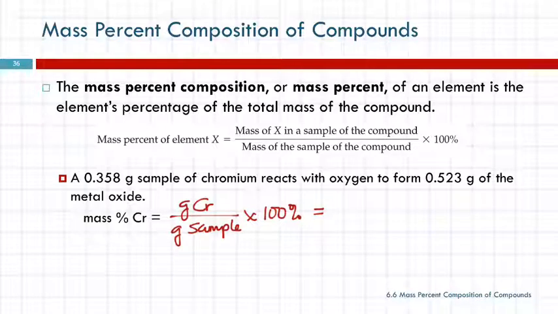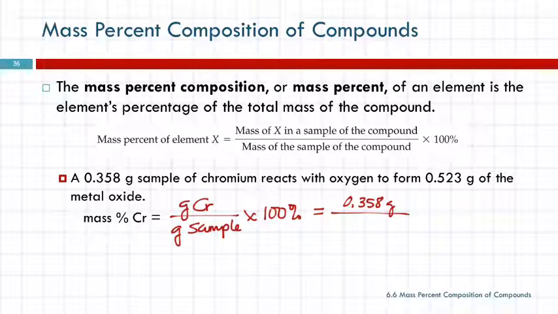So what's the mass of chromium? Well, it's 0.358 grams. Right? They gave it to us right here. 0.358 grams of chromium. It's reacting with oxygen, and it's forming a compound with this mass. The compound weighs more because it's got chromium in it and oxygen.